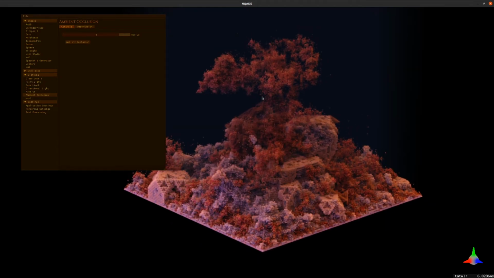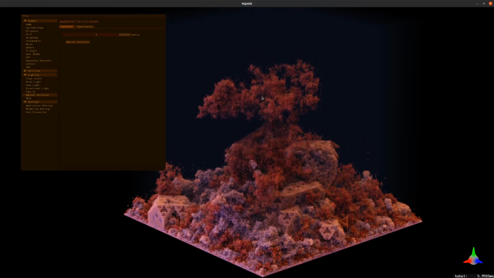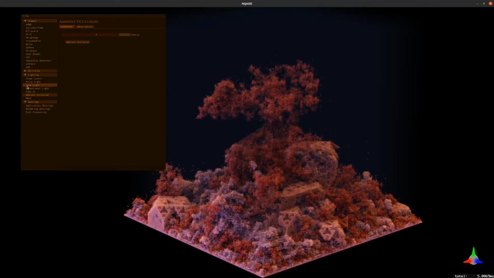Again, a lot of these things are not super real time. Basically, the point light, cone light, and directional light are all per voxel operations.